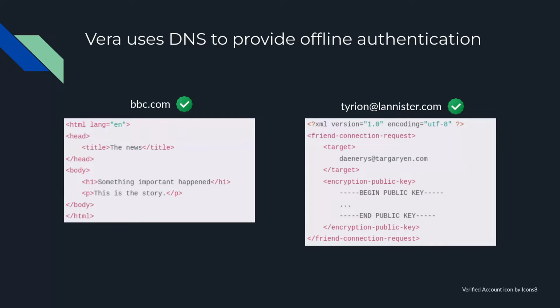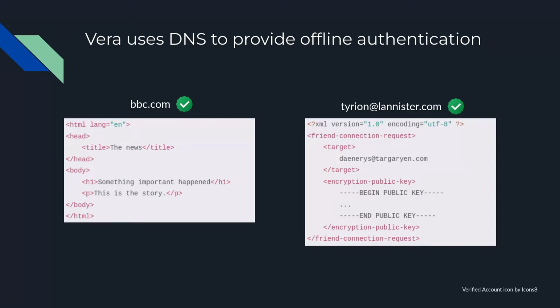So if I were to distribute this piece of HTML offline along with the signature, then a compatible app can open it and tell the user this definitely came from the BBC. For example, if they open it in Firefox and Firefox supports Vera, then the user will be able to see that the web page came from the bbc.com website.